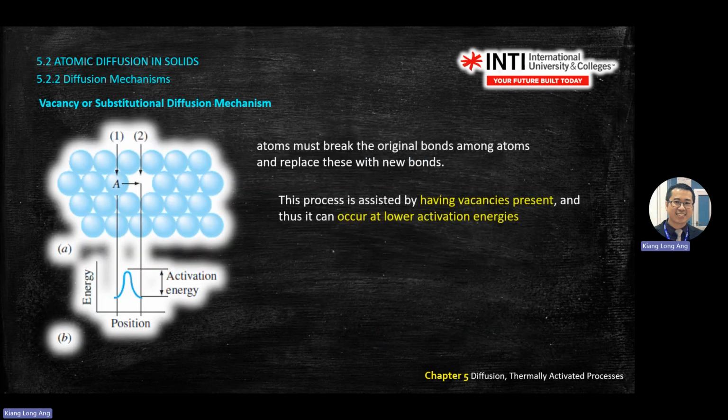Okay. So what happens if you have a hole and the atom wants to move to the neighbor? If you view the graph, energy versus position, if you want to move from location 1 to 2, you must give the activation energy so that it moves from location 1 to location 2.